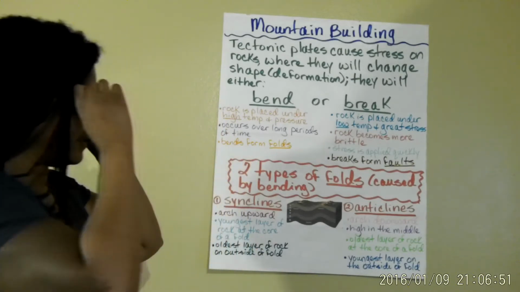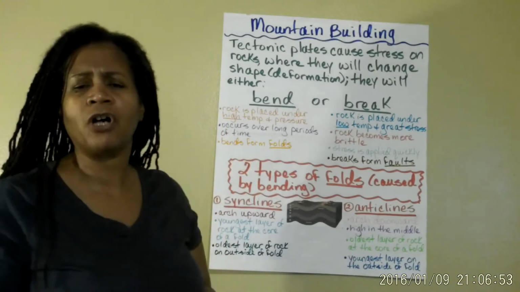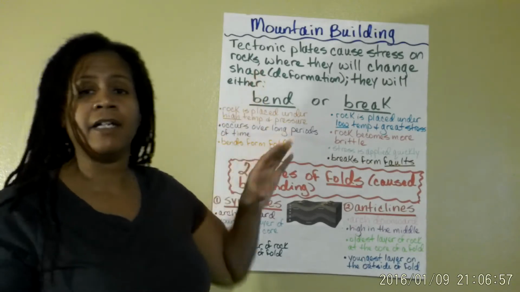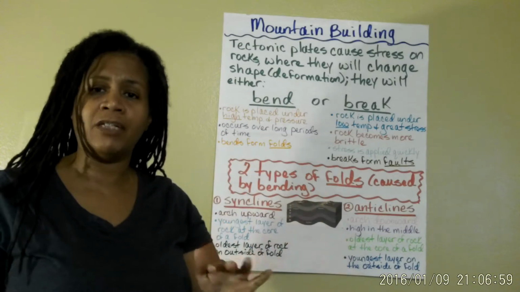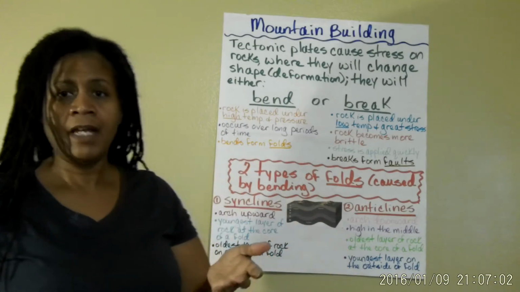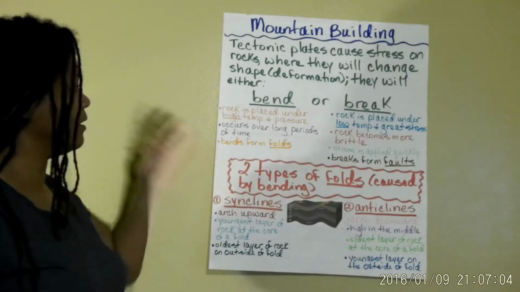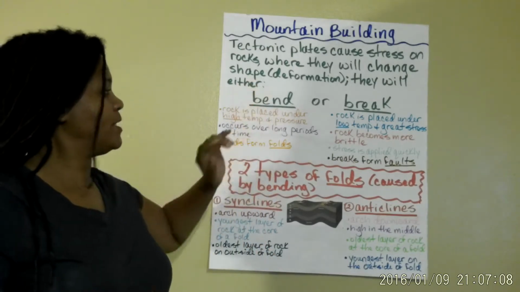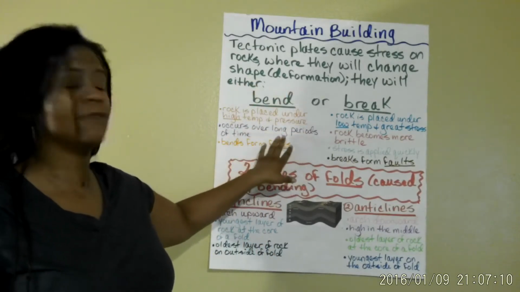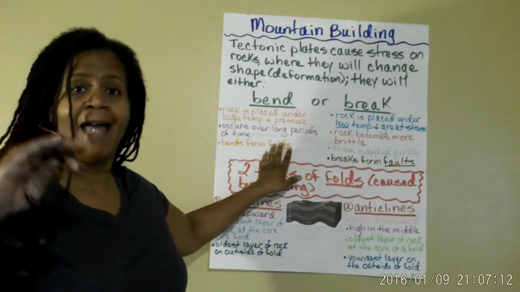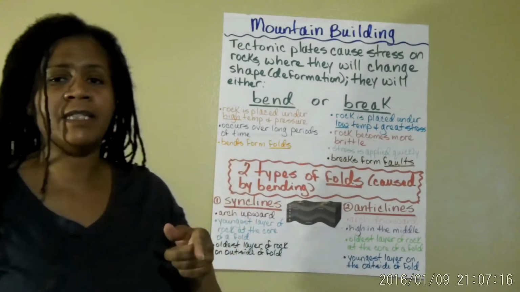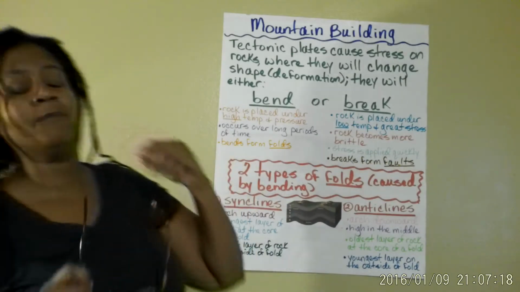One of the things that the book talks about is how tectonic plates can either bend or they can break. And what happens with that determines whether it creates folds at the plate boundary or if it creates a fault. So let me go into that in a little bit more detail, okay?